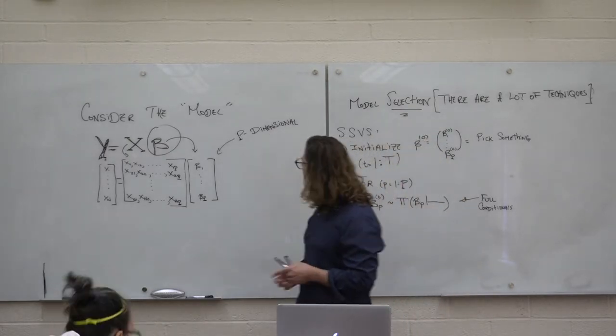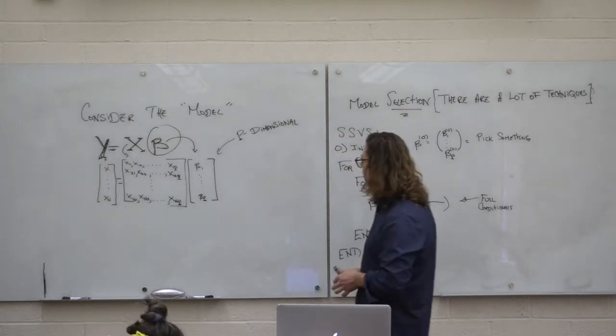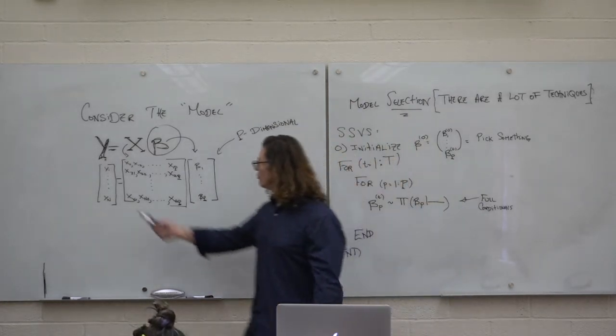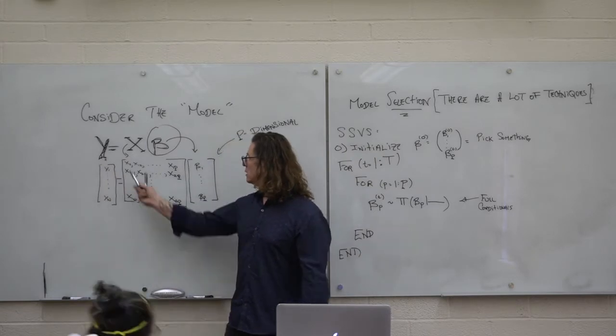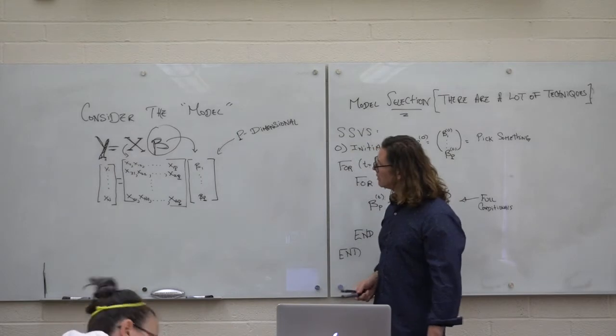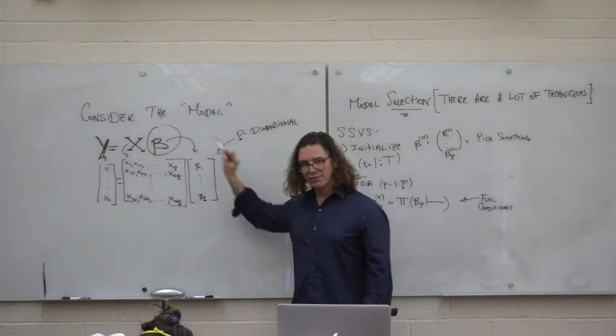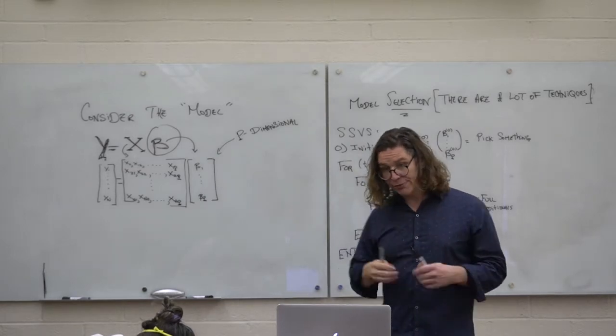I want to point out that in my notation the betas are p-dimensional. So for each associated y we have a vector of x's, and the influence of these x's on y is determined by these betas. The name of the game is to fit the betas.